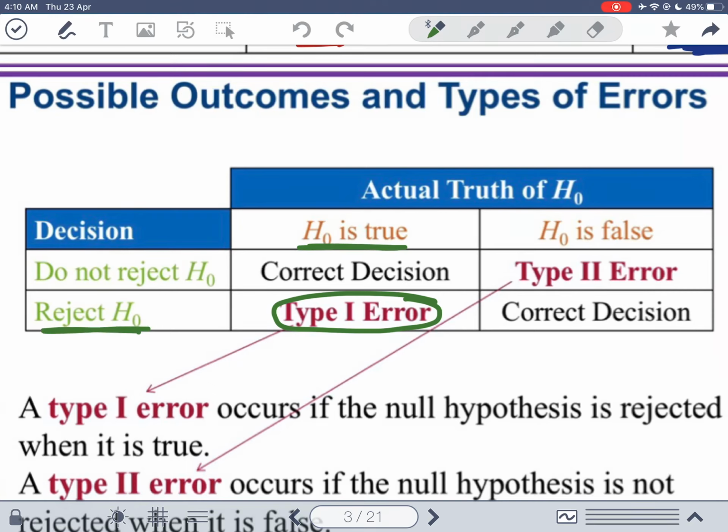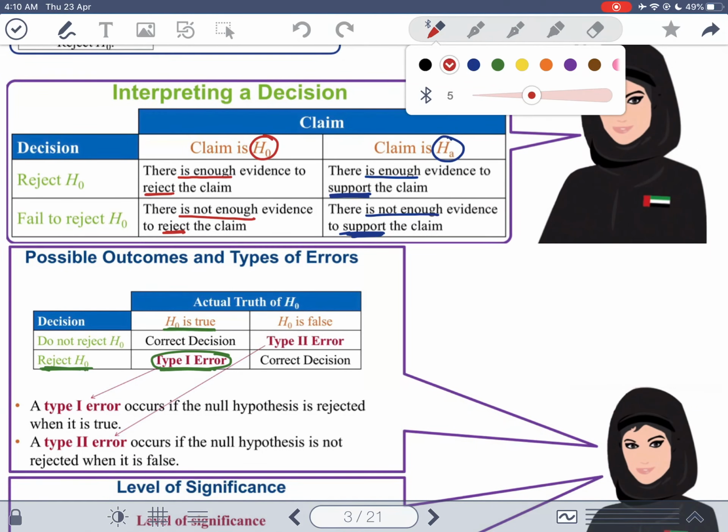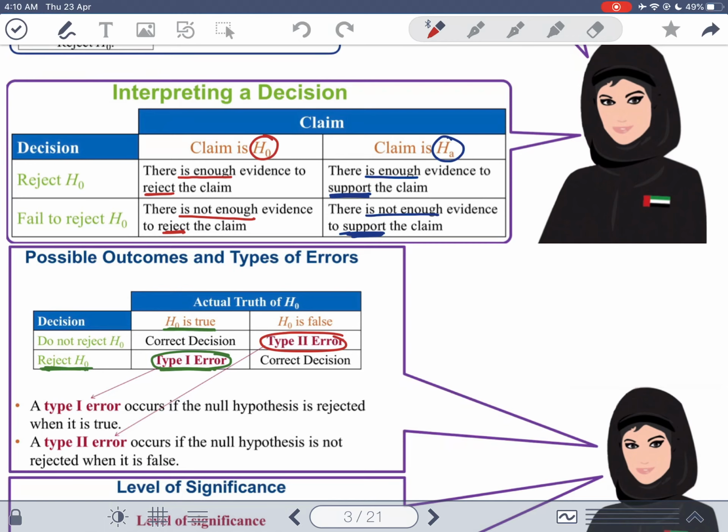Rejecting something true. Of course, when I say something, I mean the null hypothesis. If the null hypothesis is true and you reject it, you will say that I committed a type 1 error. And a type 2 error is when you have a false null hypothesis, but you fail to reject it, or you do not reject it. So when you do not reject something that is false, that's an error, of course.